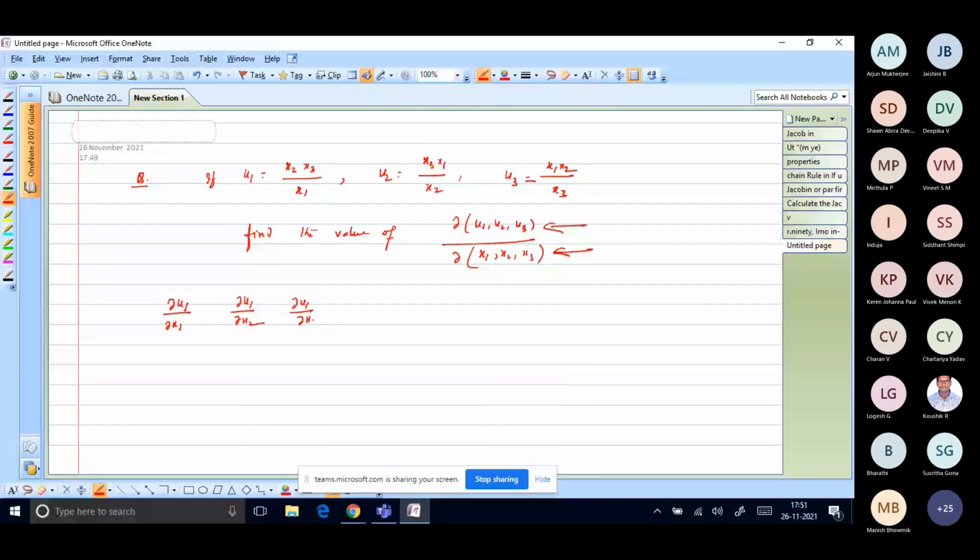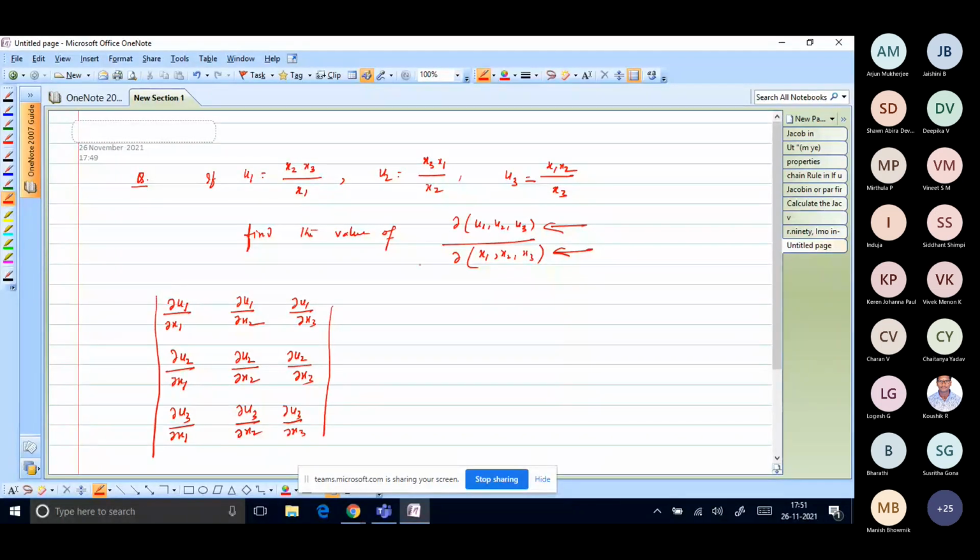Now I change u1 to u2, so del u2 upon del x1, del u2 upon del x2, del u2 upon del x3. Similarly, del u3 upon del x1, del u3 upon del x2, del u3 upon del x3. I have to find this determinant.